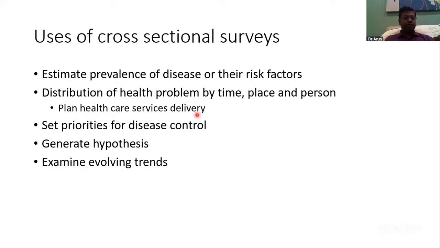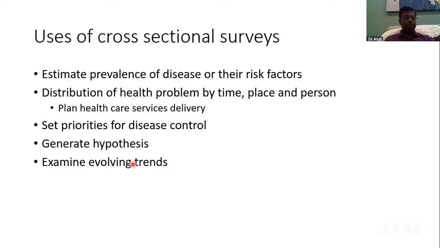But with cross-sectional surveys, based on your study results, you can set your priorities, and it will give a fair idea about the magnitude of the problem, what the burden of the problem on society is. It can be health related or non-health related. It is also helpful to generate hypotheses. As I already mentioned, you can generate a hypothesis, but we cannot test it because you need a comparator group. For that, you need different study designs.